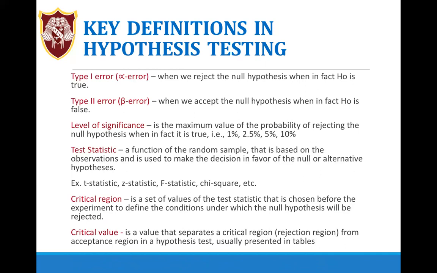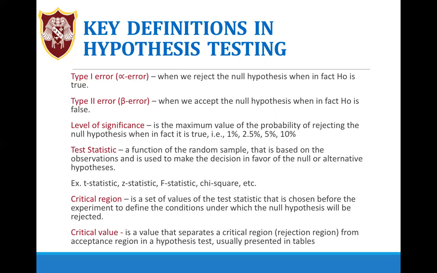So there are two regions, the region of non-rejection and the region of rejection. If the test statistic falls in the region of non-rejection, the null hypothesis should not be rejected. If, on the other hand, the test statistic falls in the rejection region, the null hypothesis is rejected.